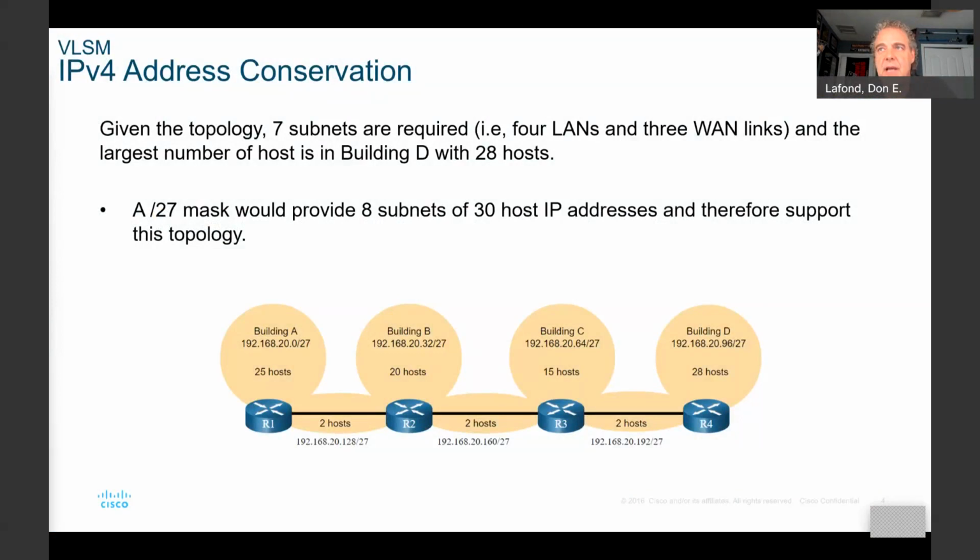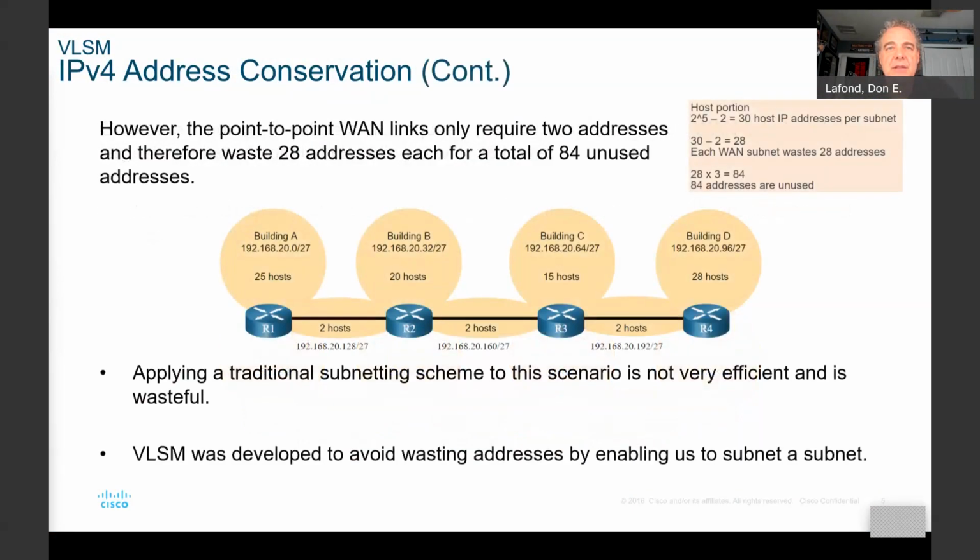You can easily apply those subnets to our network, and we end up with one extra /27 address. But as you can see here, we waste a lot of addresses.